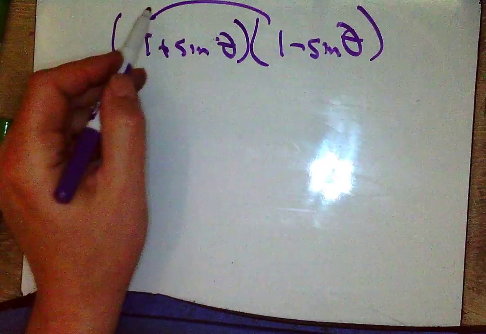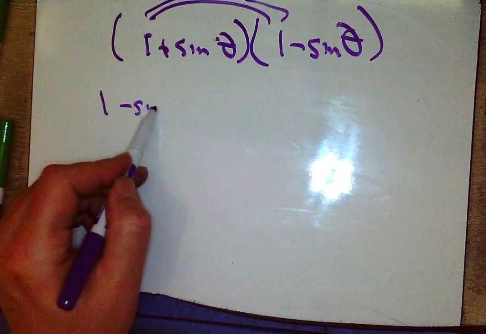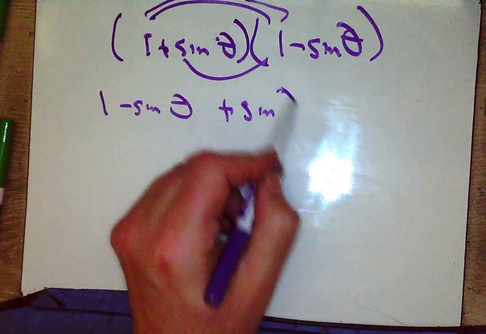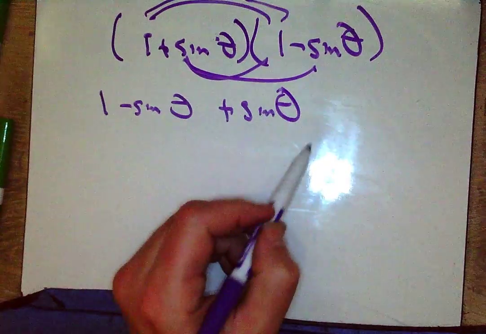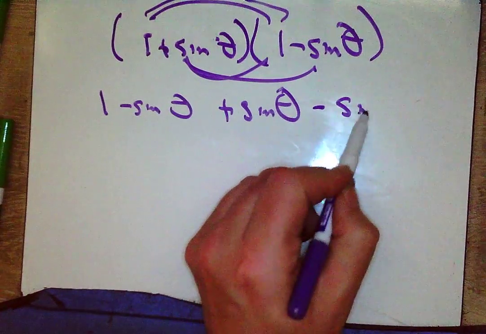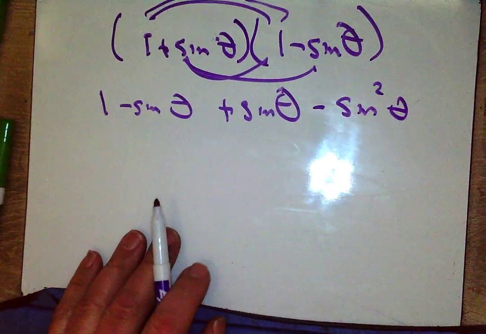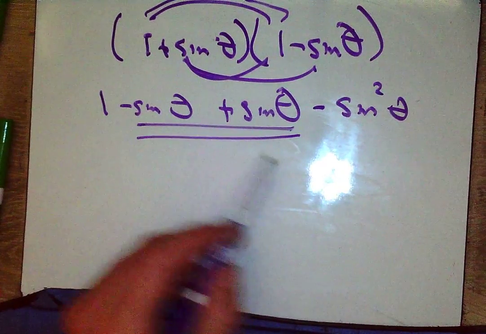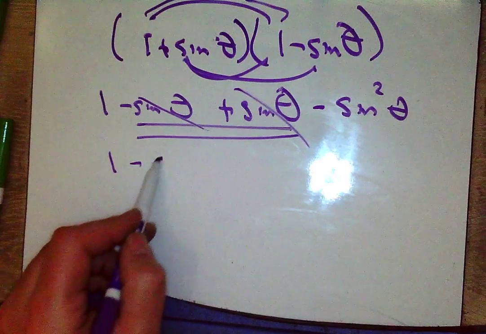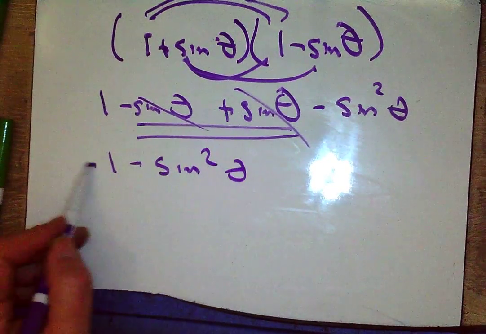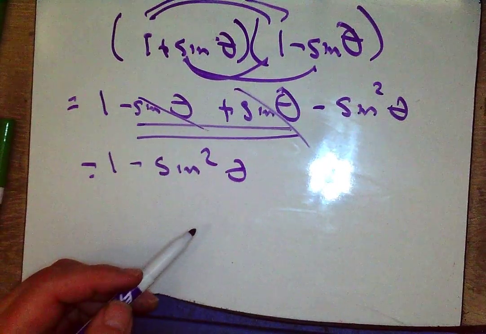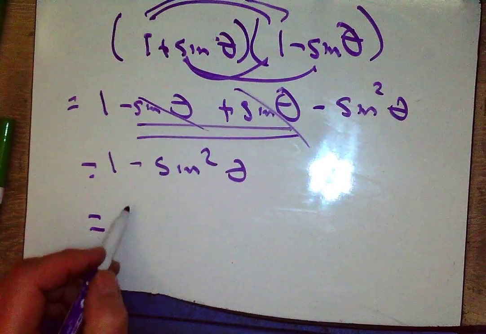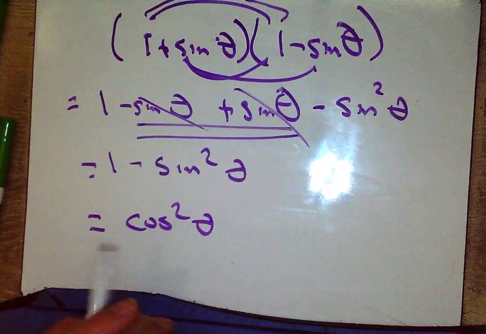We get 1 minus sine theta plus sine theta, and positive sine times negative sine is negative sine squared theta. Okay, well, let's tidy this up. Minus sine plus sine, they cancel. Oh, 1 minus sine squared, I know that from my Pythagorean identities. What is it? Sure, it's cosine squared theta.